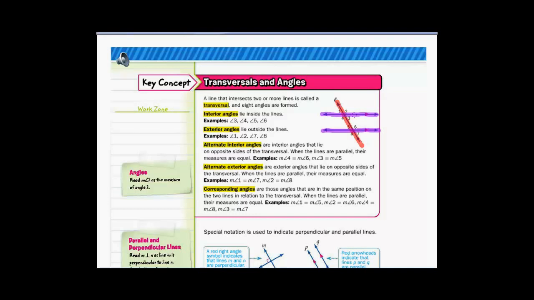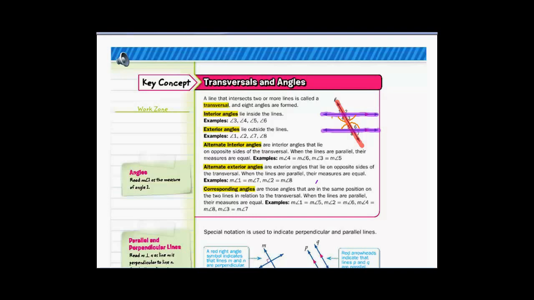other lines. So when we talk about interior angles, I am talking about angles that are inside of the parallel lines. So let me get this. These right here, orange, are interior angles because they are inside of the parallel lines.